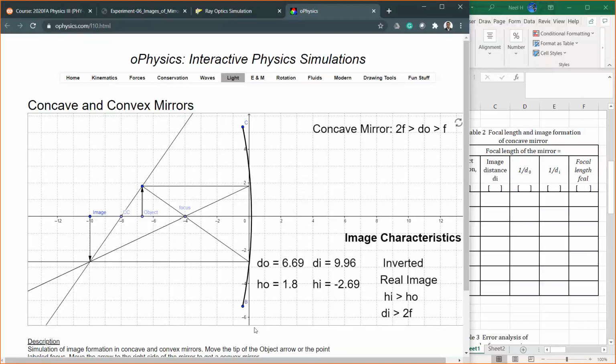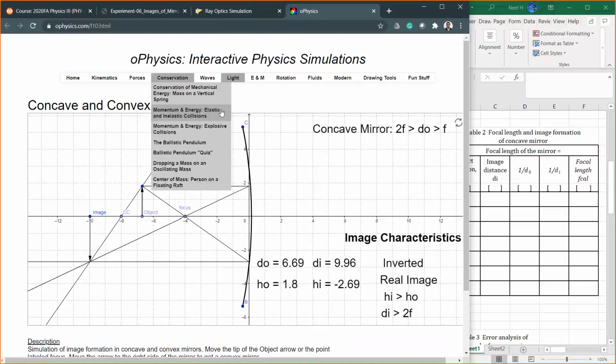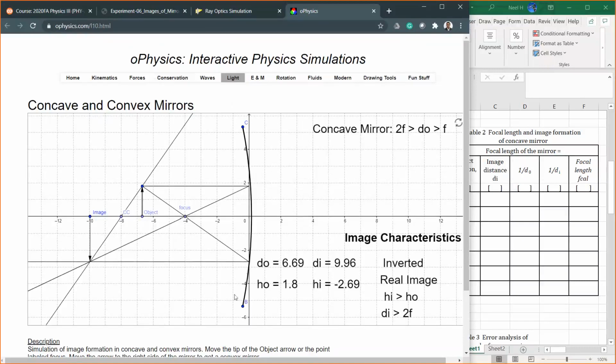If you draw a larger sphere with a radius r, this is part of that larger sphere. Which means the mirror always has what we call the center of curvature point. The center of curvature is r distance away from this vertex point, and half of the radius is called the focal point, right?